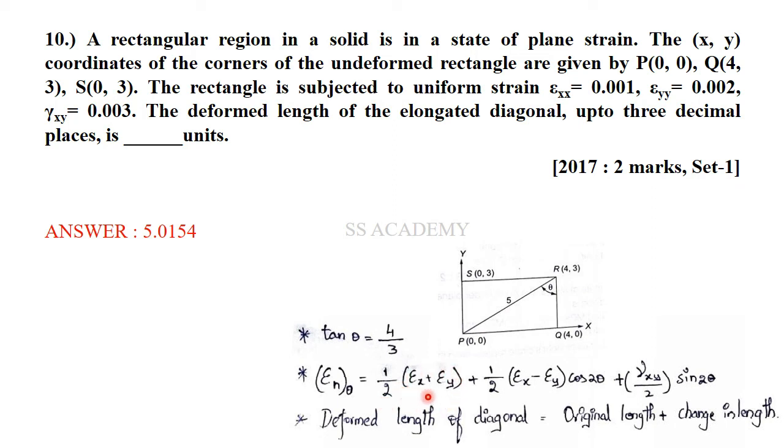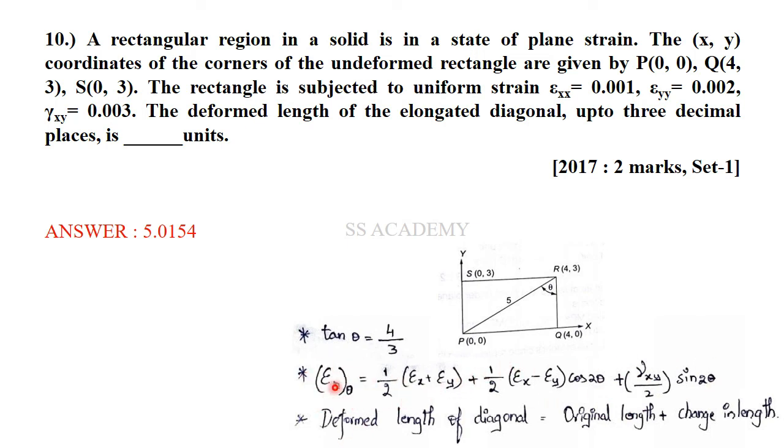So you have to know epsilon x, epsilon y and gamma xy, which have been given in the question. Just by replacing normal stress by normal strain and shear stress by shear strain by 2, you can get this equation.